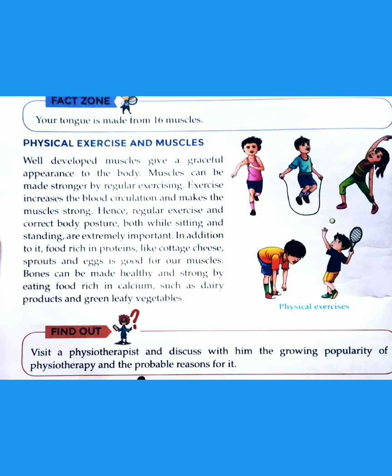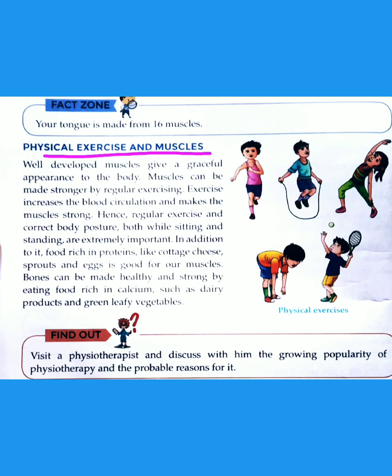So next is physical exercise and muscles. How can we make our muscles strong? This can be done by regular exercise, because exercise increases the blood circulation and makes the muscles strong.